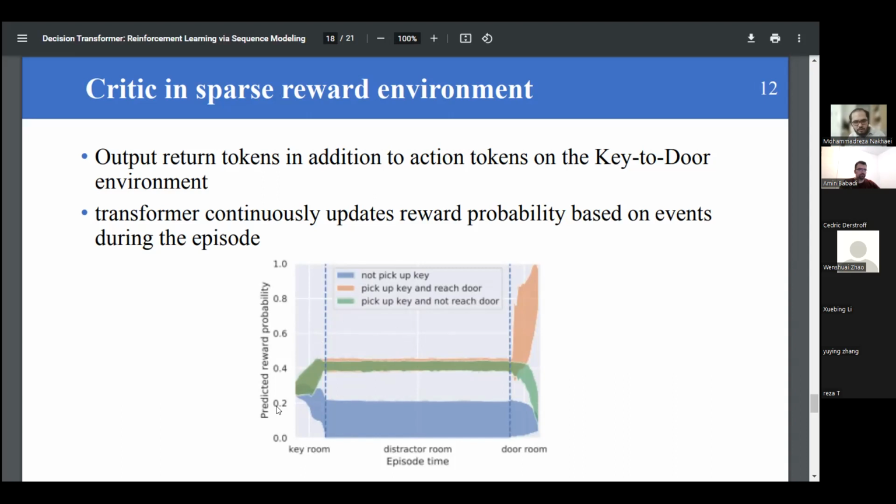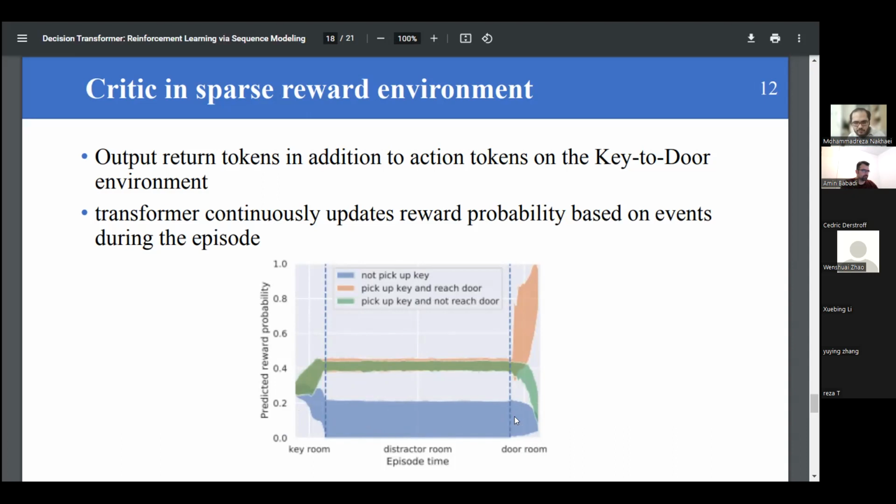If the agent did not pick up the key, the probability of being successful is around 20%. But if the agent picks up the key in the second phase, the probability is around 40 to 50%.